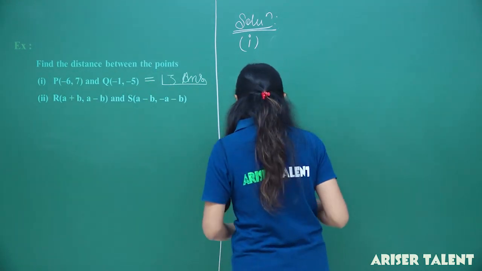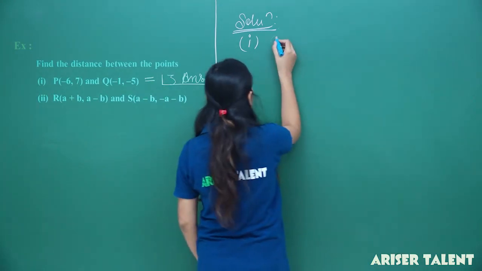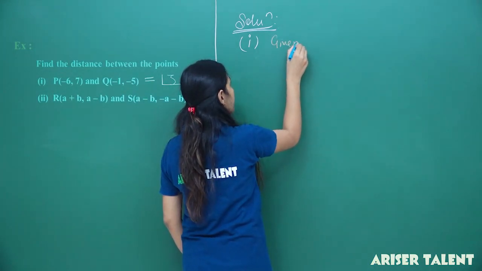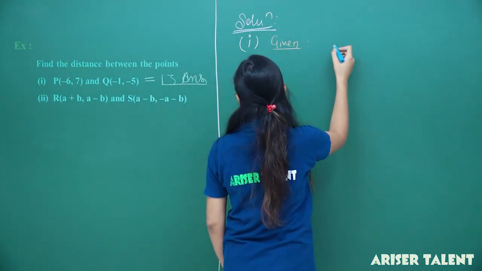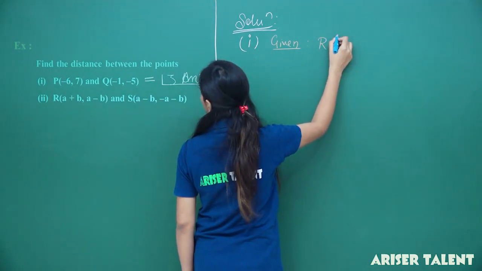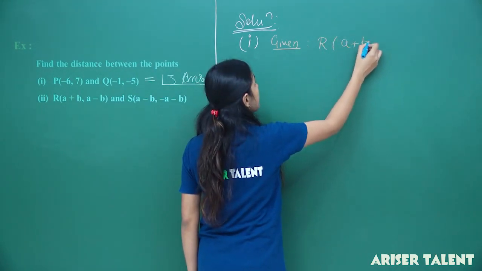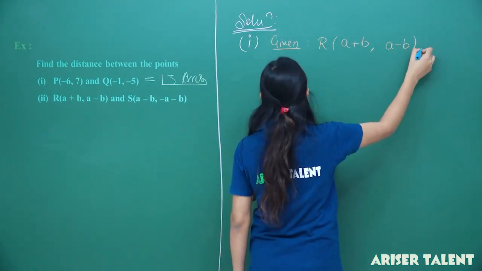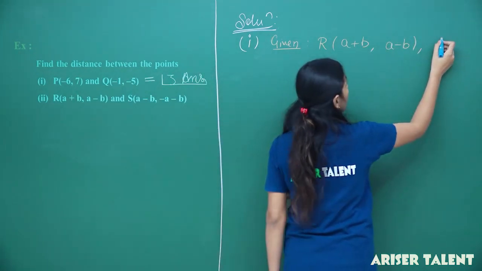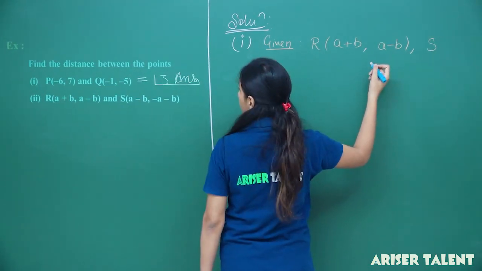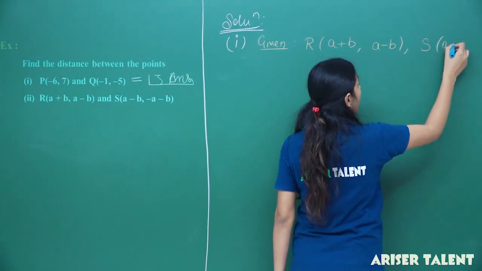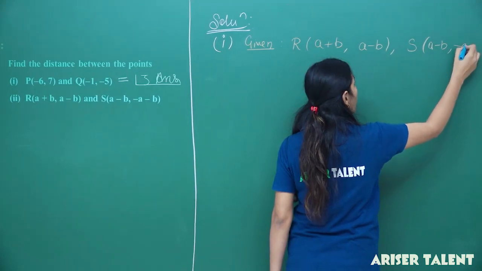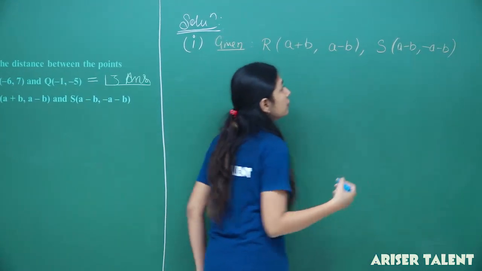So here, given R, this is the abscissa a plus b and the ordinate is a minus b. Now for S, a minus b is the abscissa and the ordinate is minus a minus b.